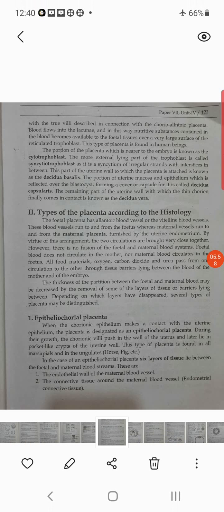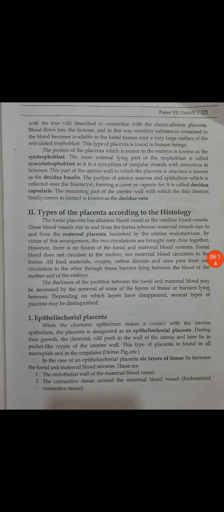These villi are not homologous with true villi described in connection with the chorioallantoic placenta, and blood flows into these lacunae, meaning spaces, and in this way the nutritive substances contained in the blood become available to the fetal tissue. So here only chorion takes part in the formation of placenta.